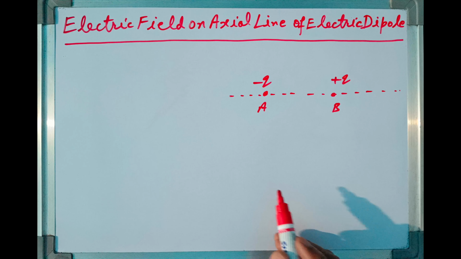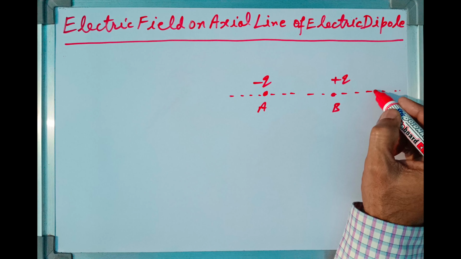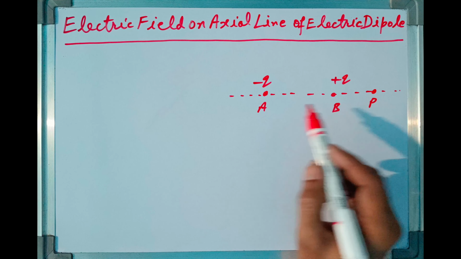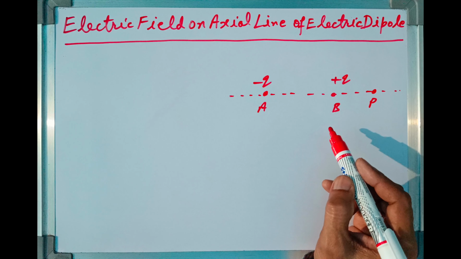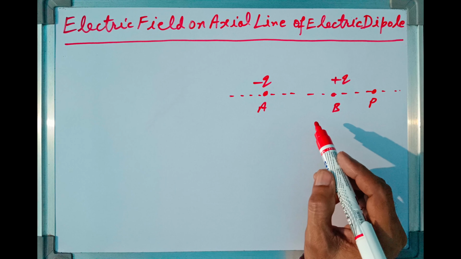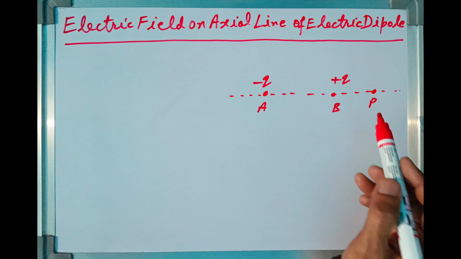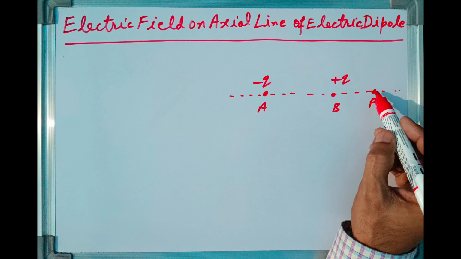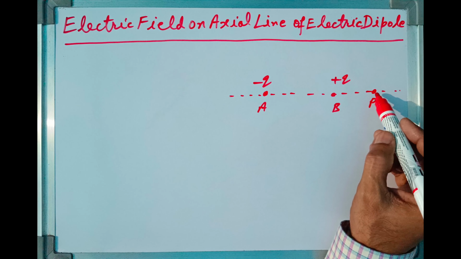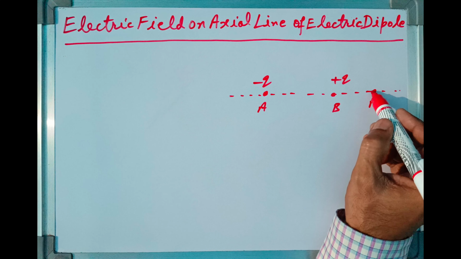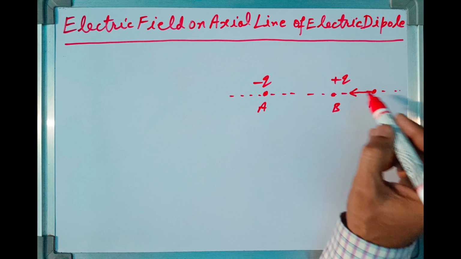Our question is, what is the electric field at a point, let me call it P, due to both these point charges? I will calculate the electric field due to minus Q at P. At point P, when I place a test charge, that is always taken as positive, the electric field due to this charge minus Q will be in this direction.